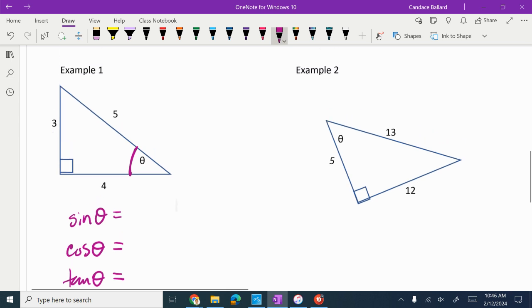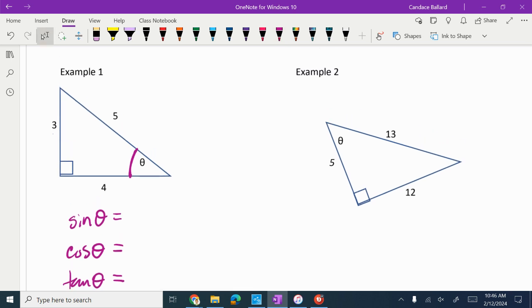What I will typically do is label the parts of my triangle, and that helps me get to the sine, cosine, and tangent really fast. So when we're across from the 90 degrees or the right angle, what part of the triangle is that? Hypotenuse. All I did is draw a little h there. If I am across from my reference angle, what do we call that one? That's your opposite. And then the leftover has to be adjacent.